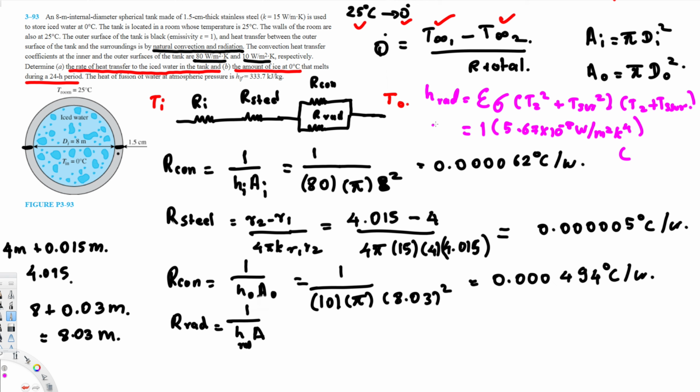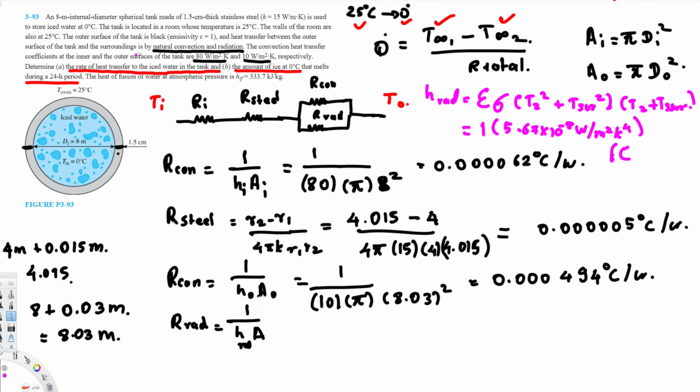But when we use the radiation equation, we have to always convert that one into Kelvin, because we are squaring this one, so it doesn't work for degrees Celsius. So we have to convert this one to Kelvin. To convert this one into Kelvin, we just have to add.